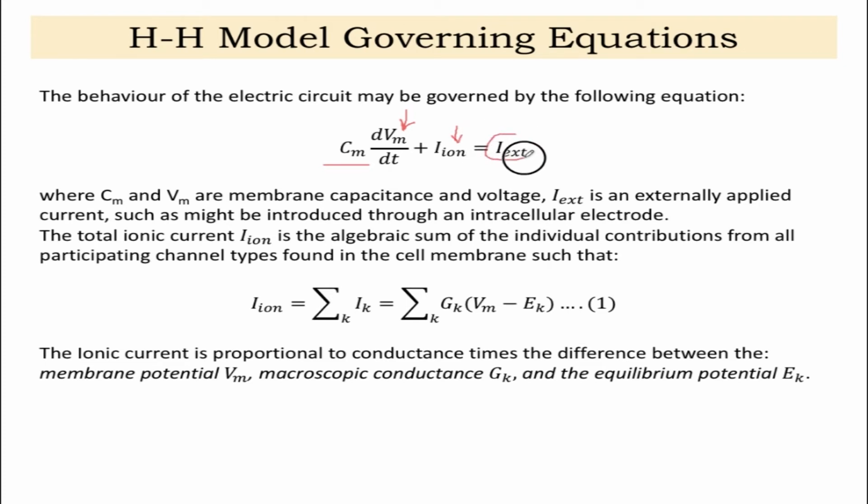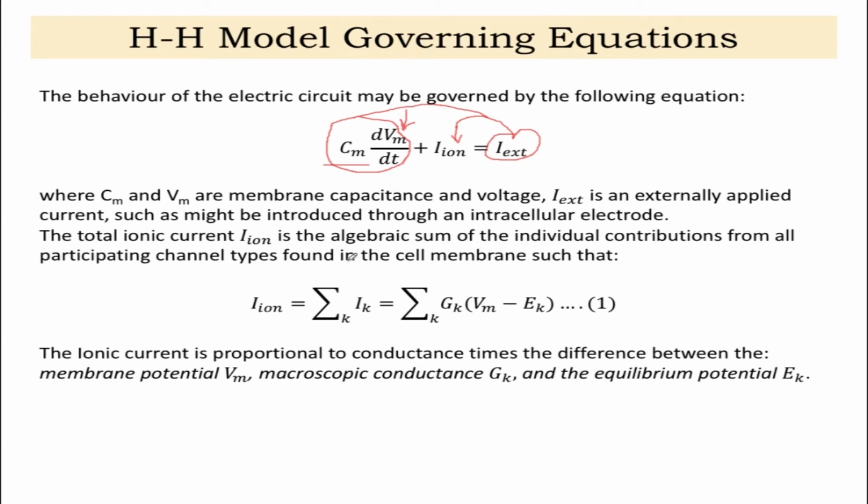So in this model we are applying the current from outside. As a result, this will generate I_ion, and also it will generate dVm/dt, which is related to the capacitance. So these are the two things that I_external is going to develop.